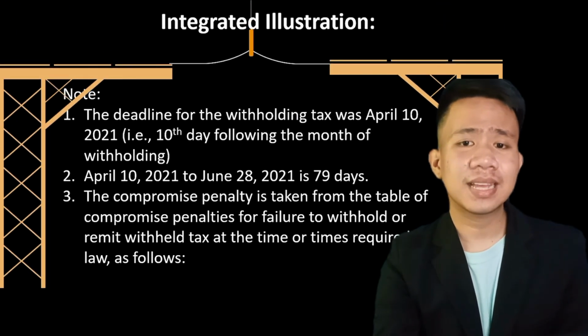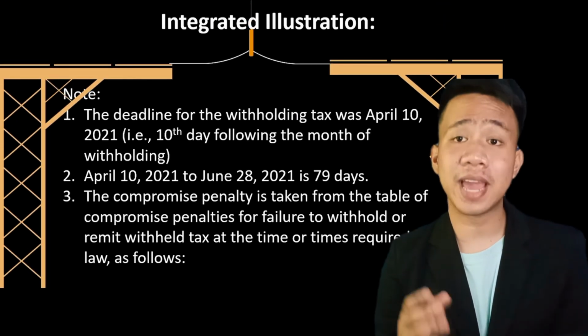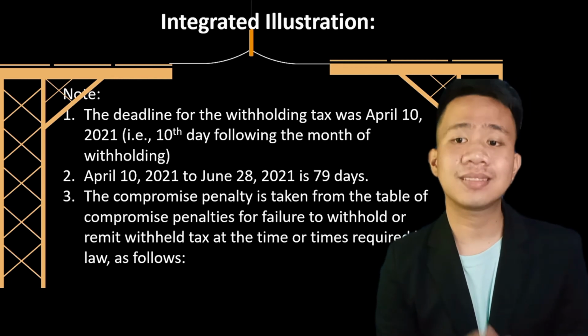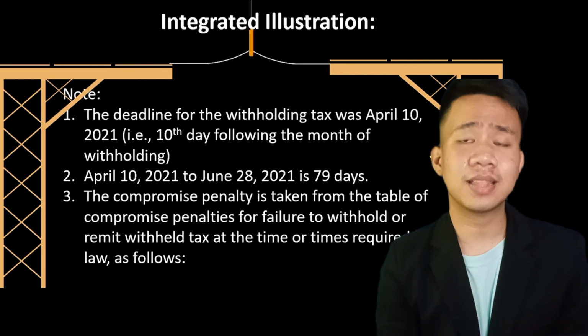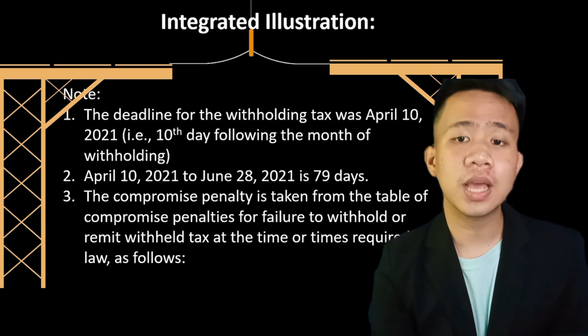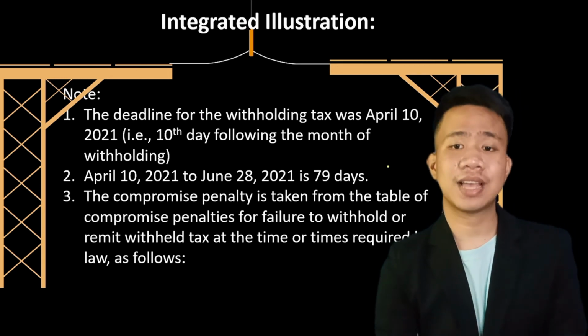But note that the deadline for the withholding tax was April 10, 2021, the 10th day of the following month of withholding. Next note is that April 10, 2021 to June 28, 2021 is 79 days.